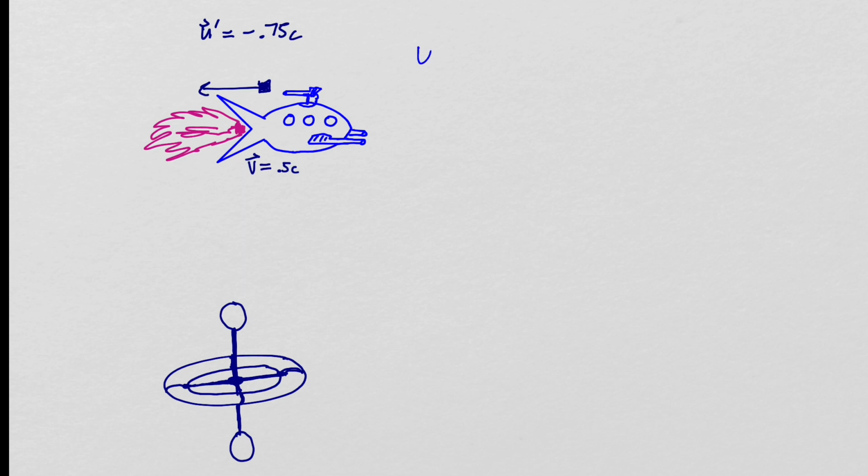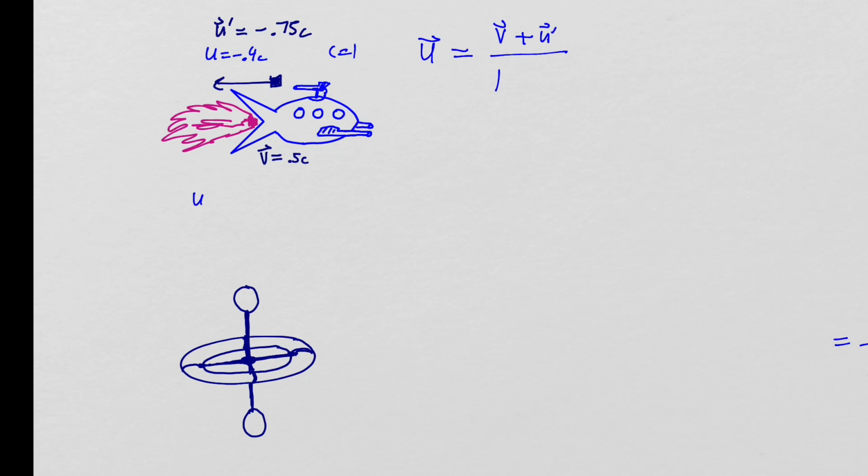The basic answer from fundamental relativity would be u, the relative velocity with respect to the station, which is unprimed u, is going to equal v plus u prime, which would have been the Newtonian answer, divided by 1 plus v times u prime, the product of the two.